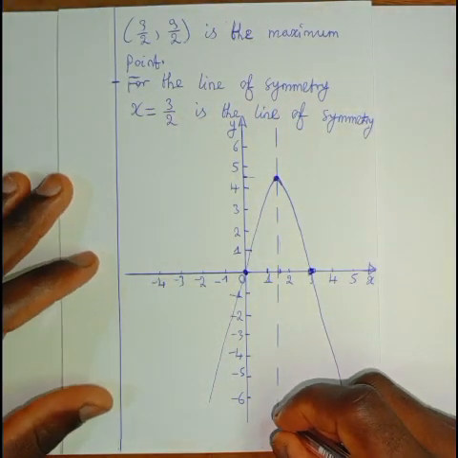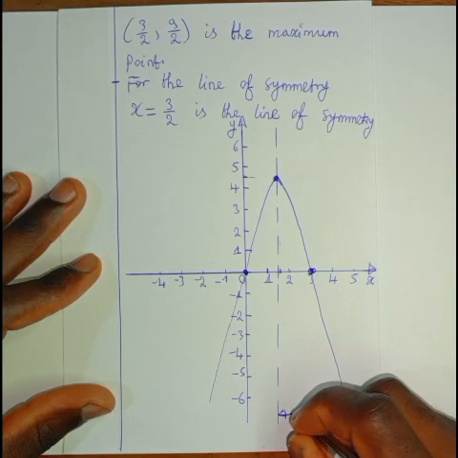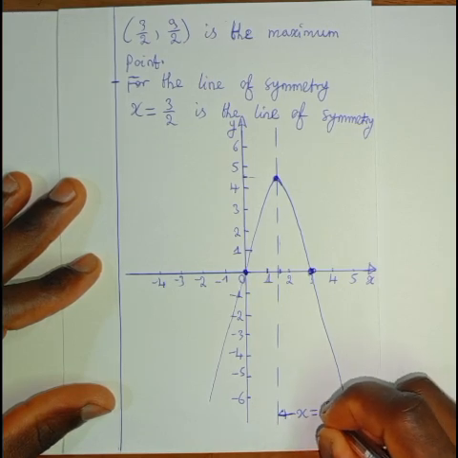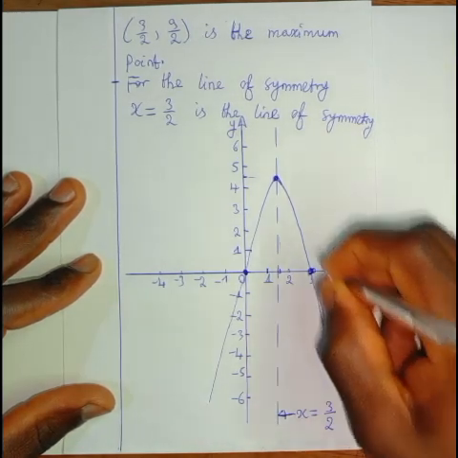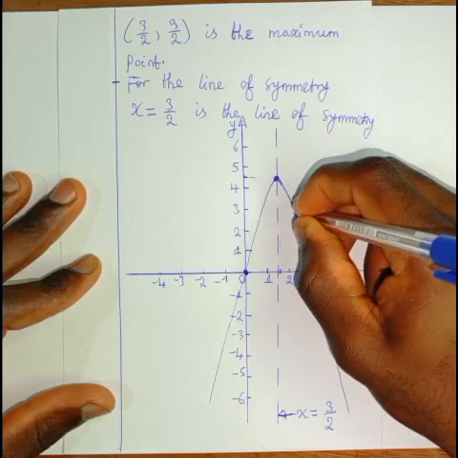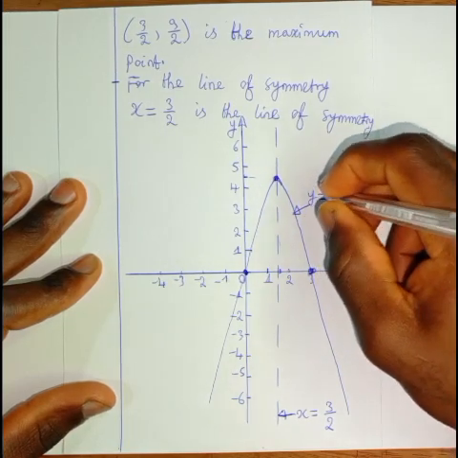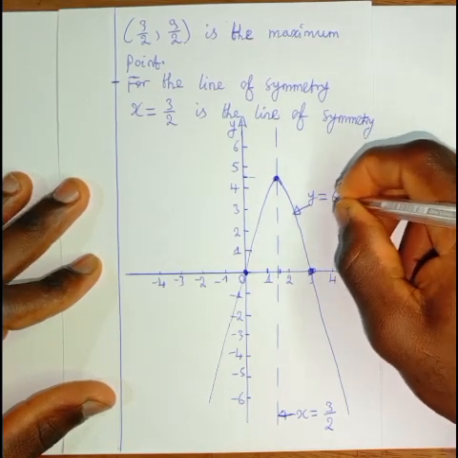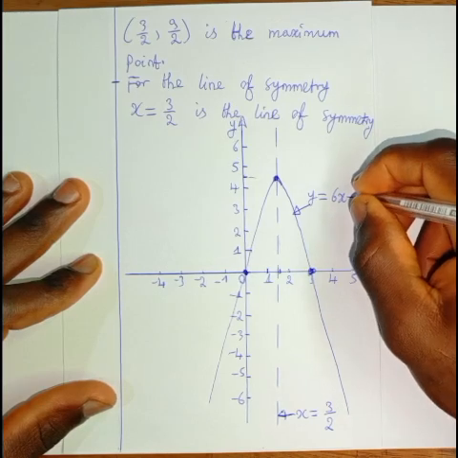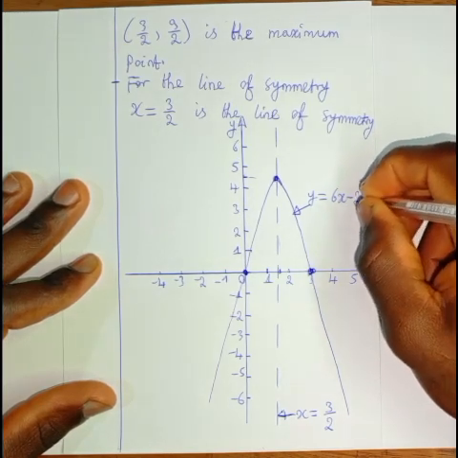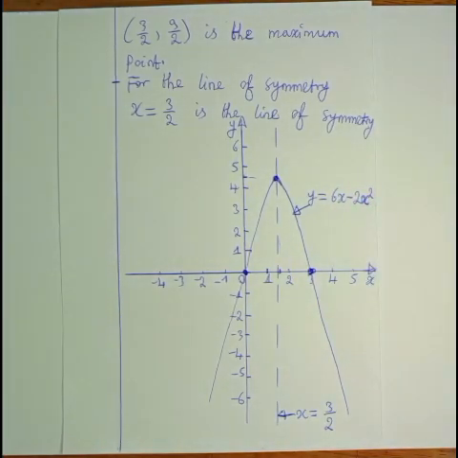This is the line x equal to 3 over 2. Then we know this is the quadratic function y equal to 6x minus 2x squared. And we are done with the correction of the exercises for application.